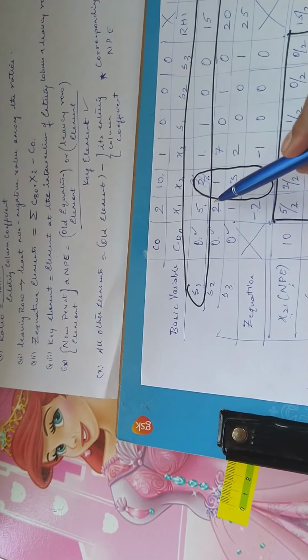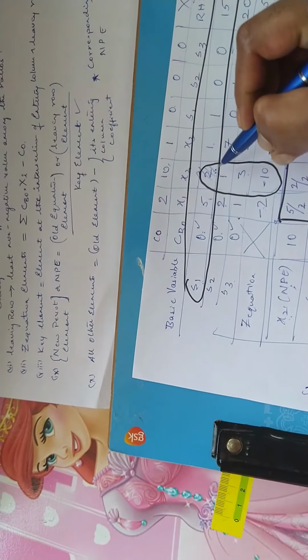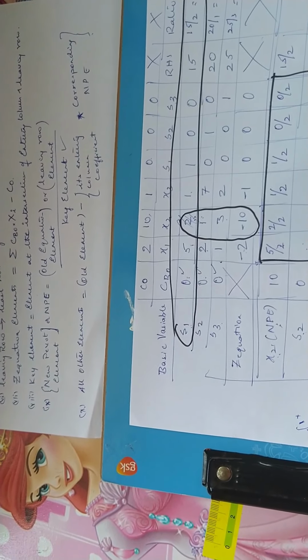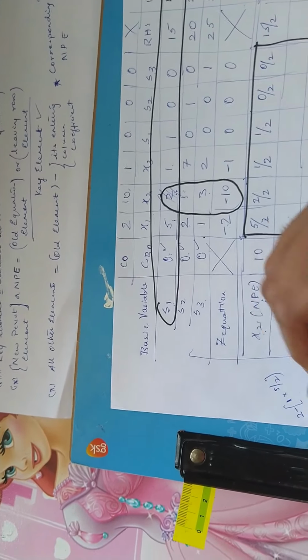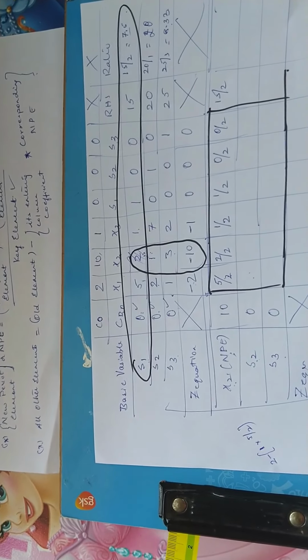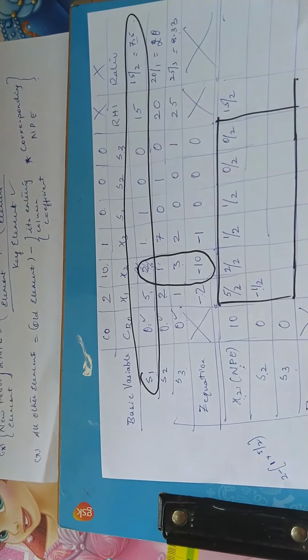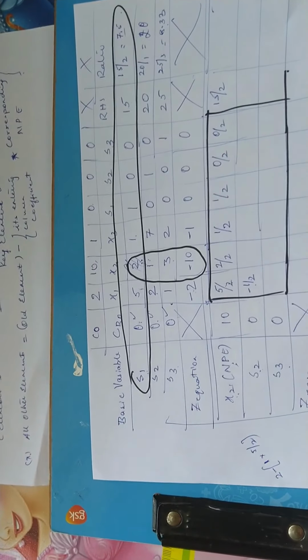The entering column coefficient of this row is 1, multiplied by the new pivot element in that column, so it becomes 5 by 2. So the value that needs to be written here is minus 1 by 2. Similarly, you're supposed to do the calculations for the rest of the cells.